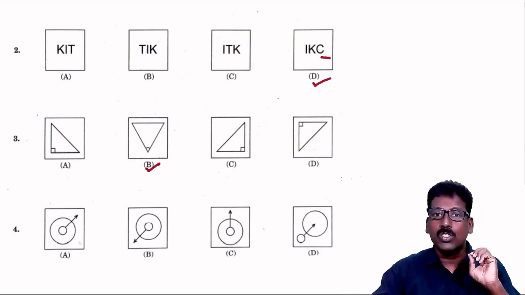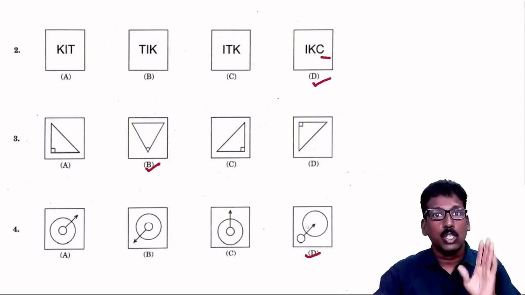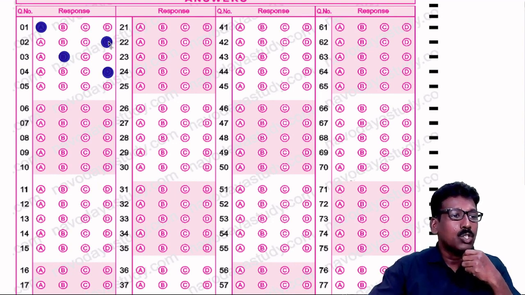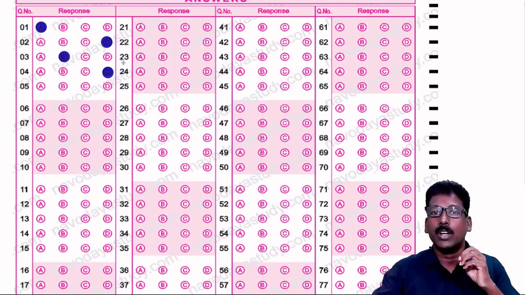And in the fourth question, 2 circles are there, one arrow outside, but in D, arrow is inside, so D will be the correct answer. Now, you have to mark all these answers in your OMR sheet, not in the question bank. So, your answer will be 2D, 3B and 4 again D. In this way, you have to answer your questions.